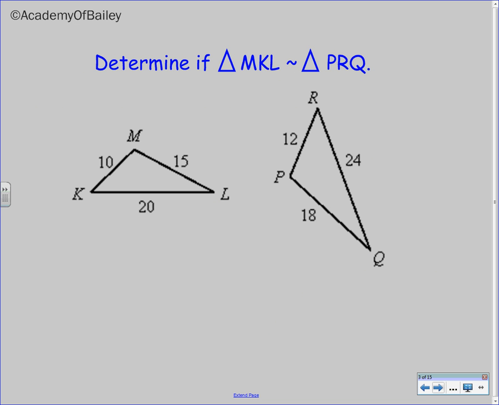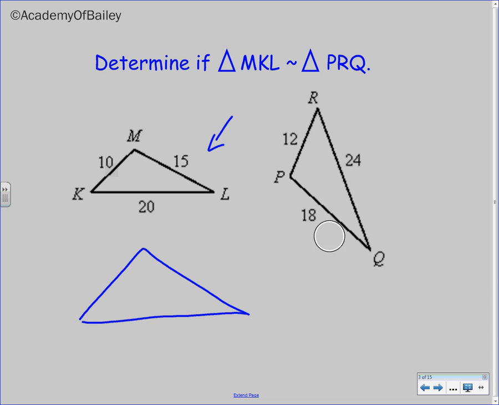Okie dokie. Looking here, determine if triangle MKL is similar to triangle PRQ. Well, maybe it might be helpful if we take this triangle and we draw it to be similar looking to this one up here.